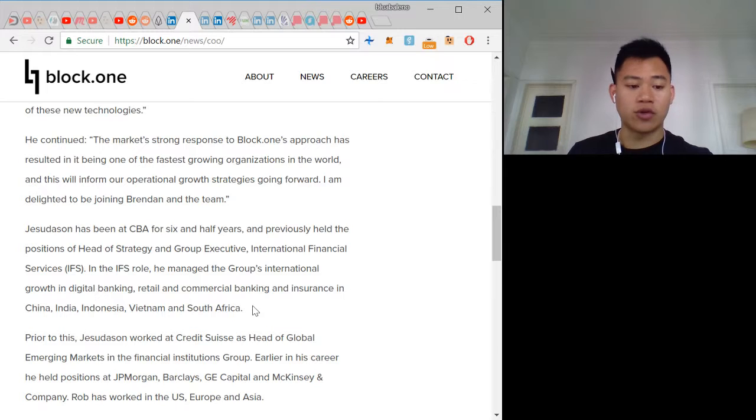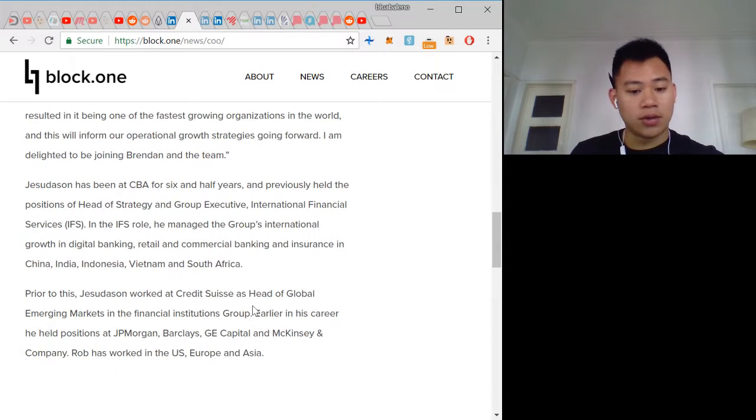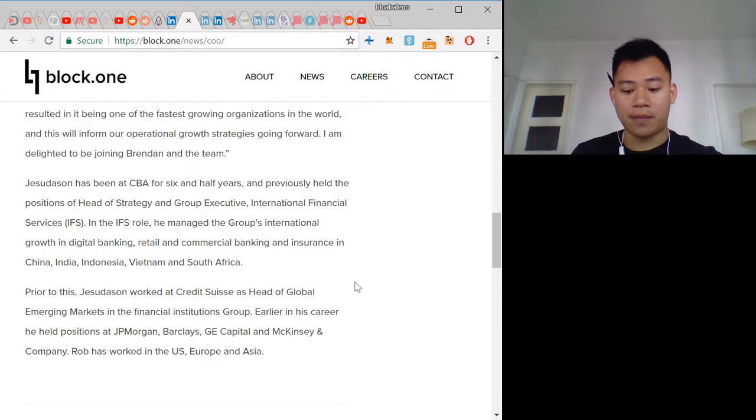These were the emerging markets he was talking about. So here are the places where blockchain technology could have a dramatic impact, markets where the banking sector, specifically the digital banking sector, is not too well developed.